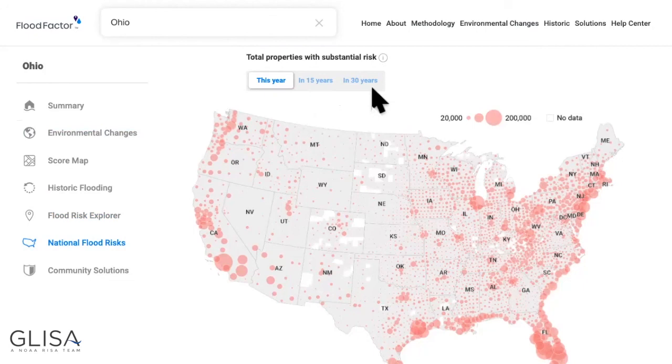This information can help contextualize the risk and how it will change in the future in your chosen state as compared to the rest of the continental United States. The size of the red circle corresponds to the number of properties at risk.